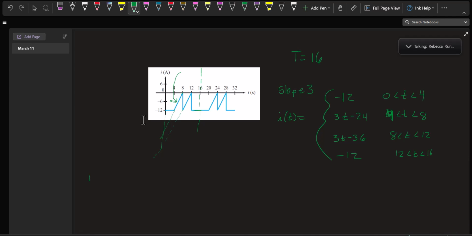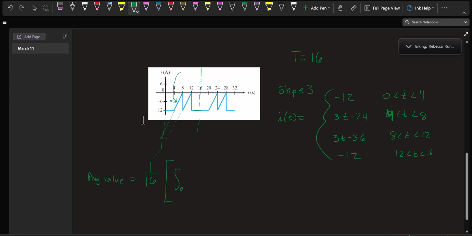So our average value is 1 over the interval, which is 16, times the integral.